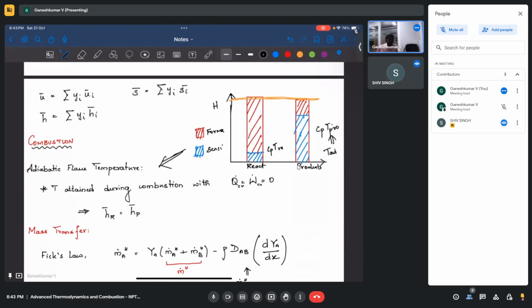So let's say you come up with a new blend of fuels, like you mix petrol and diesel, and you are burning it with air. If you want to quantify and say that this fuel is better, you will compare these two parameters: heat of combustion and adiabatic flame temperature. That is where these two things are actually useful.